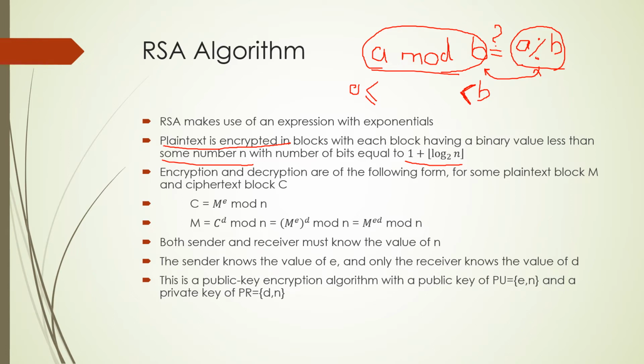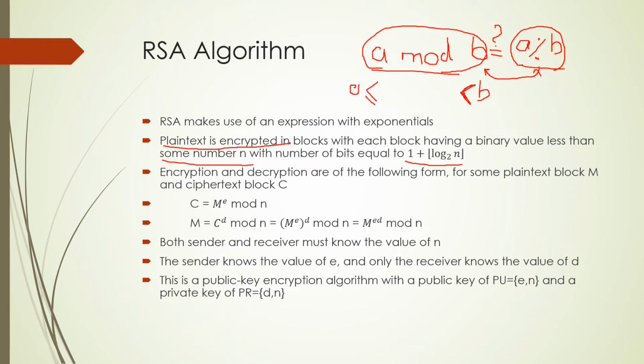That basically means if you convert n to binary and count how many bits it has, that should be the exact number of bits that every block of the plain text must have.